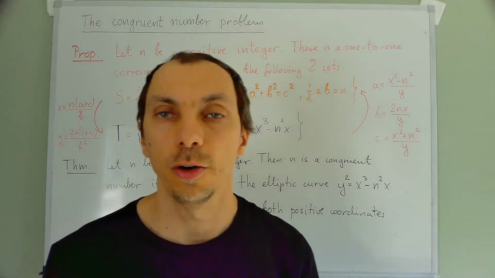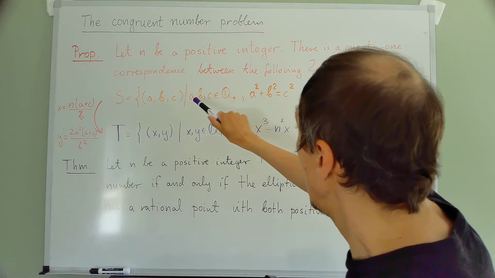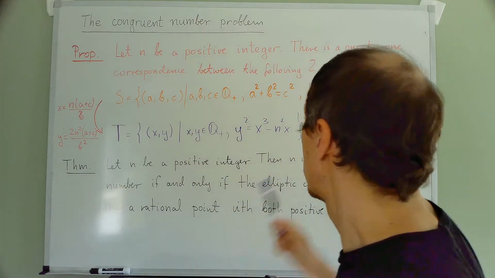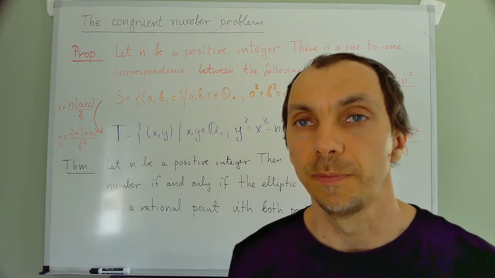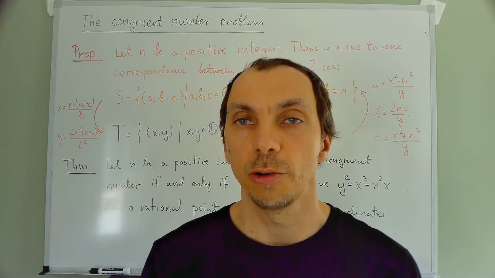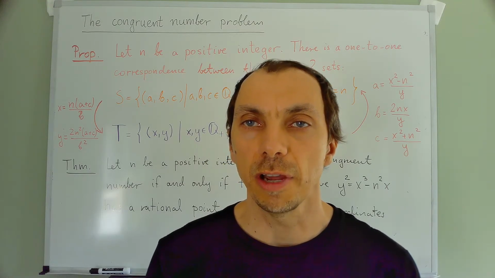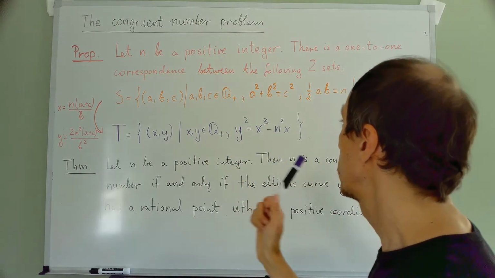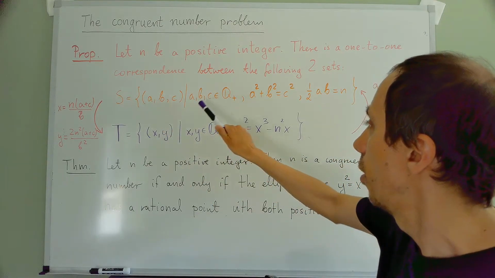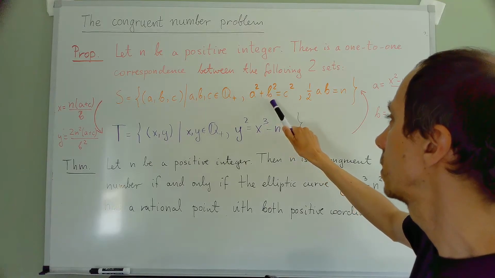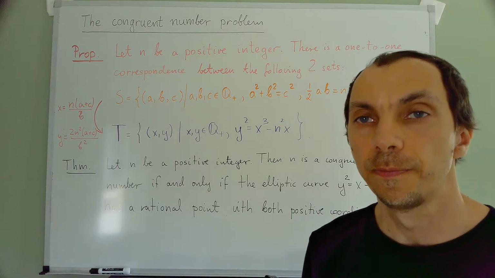If n is a congruent number, there are a, b, c positive rationals such that a squared plus b squared equals c squared and 1/2 ab is equal to n.